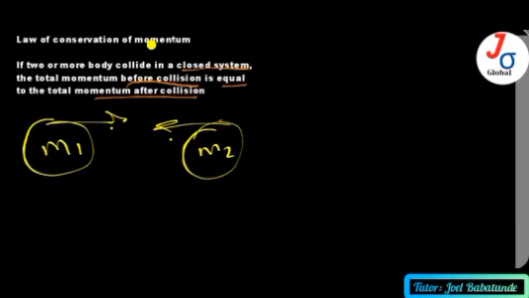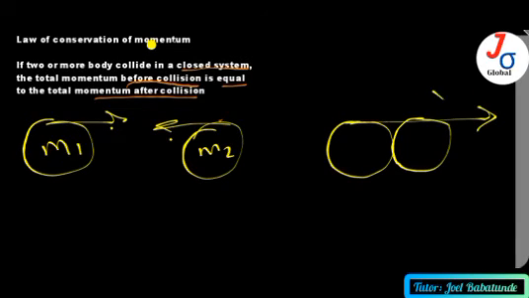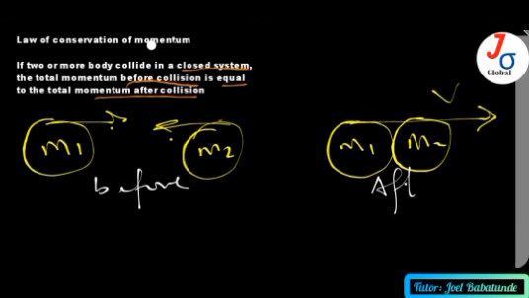So now after collision, they will decide where to go. So let's just say they are going in one direction like this. So you have M1, M2. This is before collision and this is after collision.